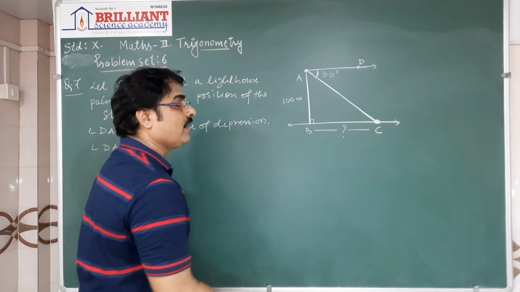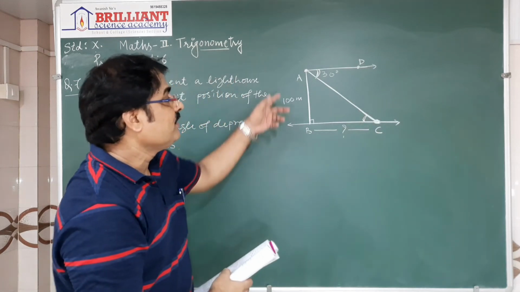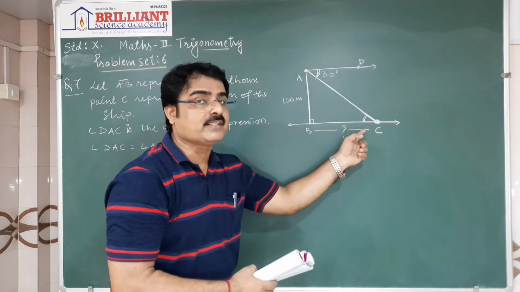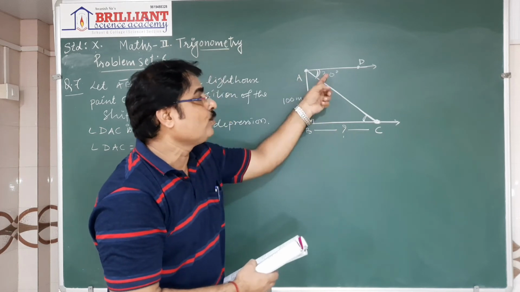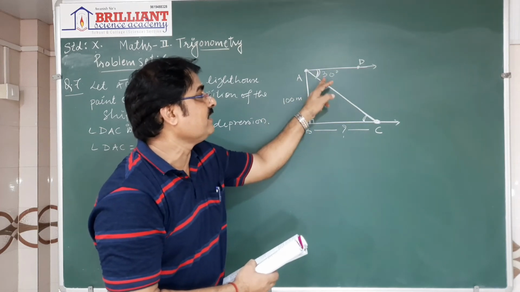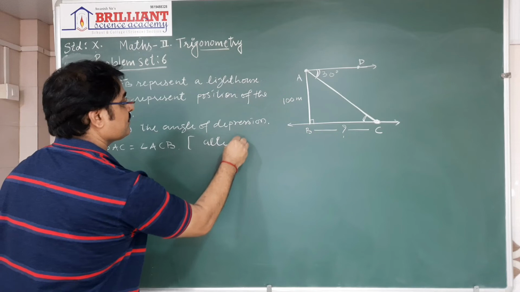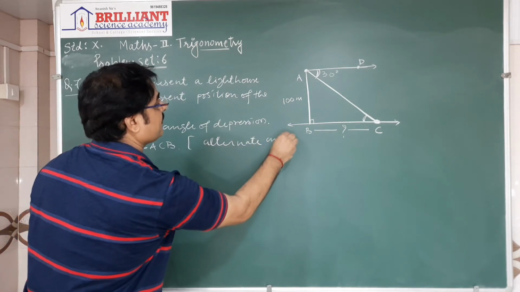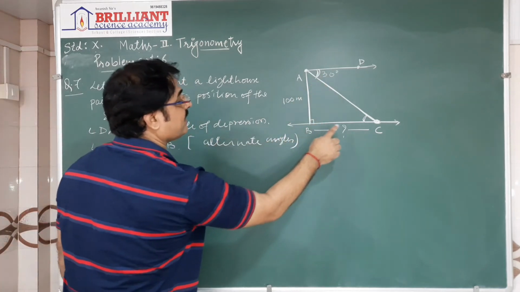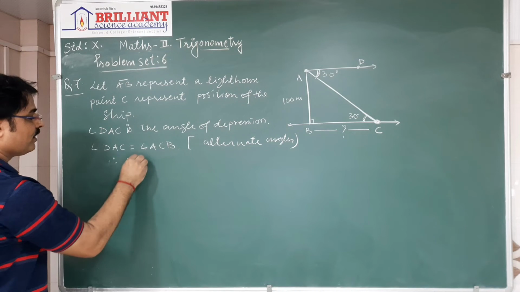By the property of alternate angles, this angle is equal to this angle। कैसे प्रॉपर्टी हम लोग यूज करते हैं, if a transversal, this line considered as a transversal and this is horizontal and this is also horizontal, and if a transversal intersects two parallel lines then their alternate angles are equal। So students, this angle DAC is equal to this angle, यहाँ पर रीजन हम लोग लिखेंगे alternate angles। So angle DAC is 30 degrees, therefore angle ACB is also 30 degrees.